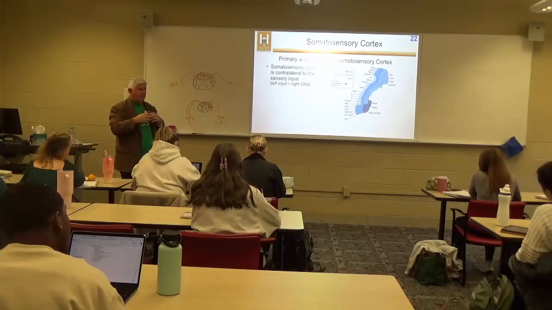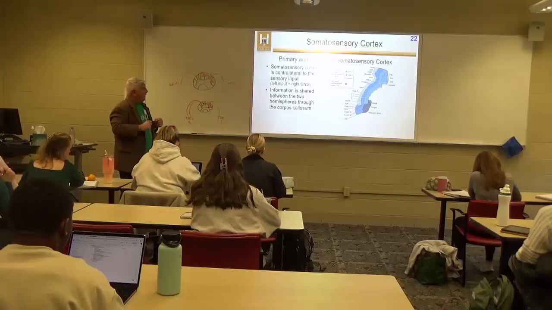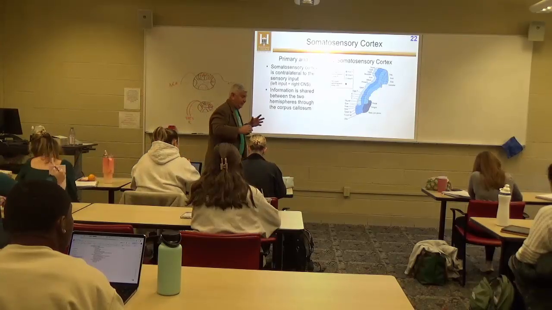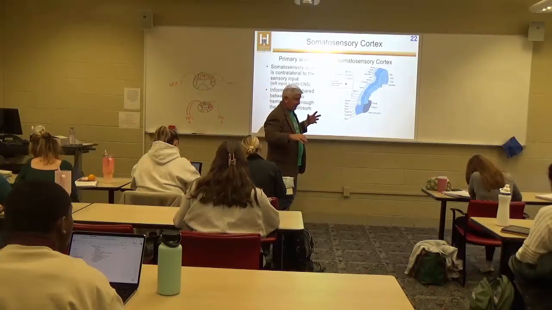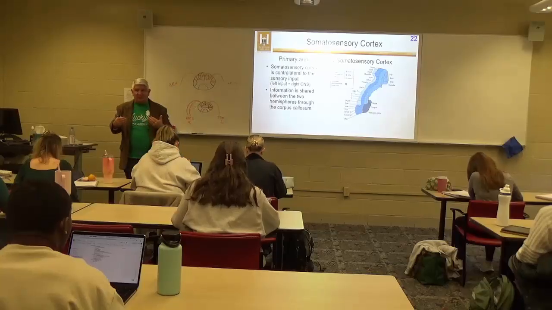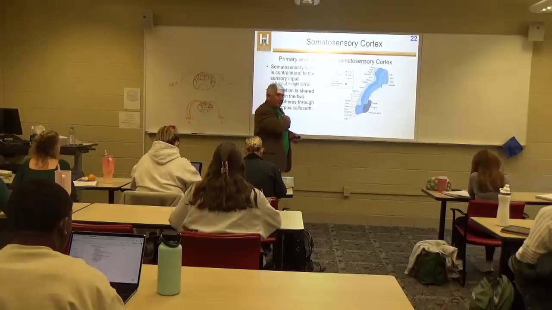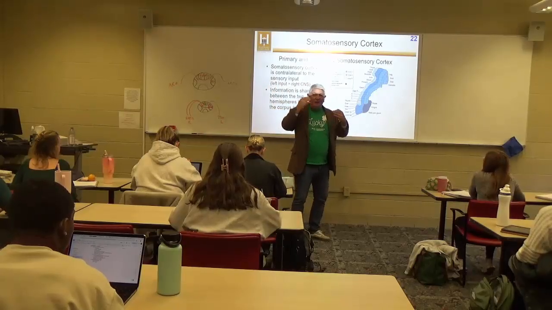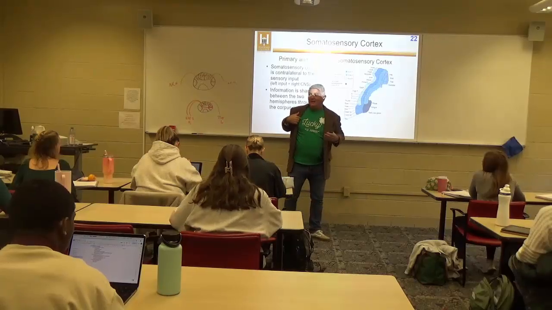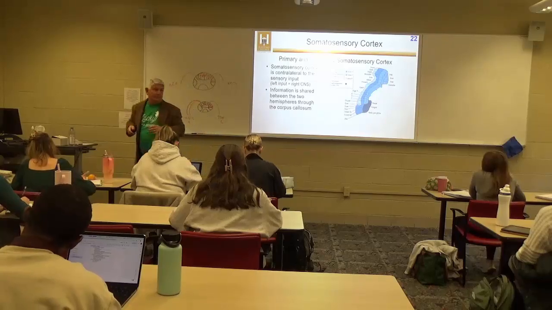You don't really need to know the specific differences on that, right? It's important to know it's contralateral, right? So left somatosensory cortex is processing the right side of the body. But that information is shared between the 2 hemispheres. So if you run your finger across your chest, you get to the midline, you can't tell that now I'm going from my right brain to my left brain, right? It's all integrated through the corpus callosum.